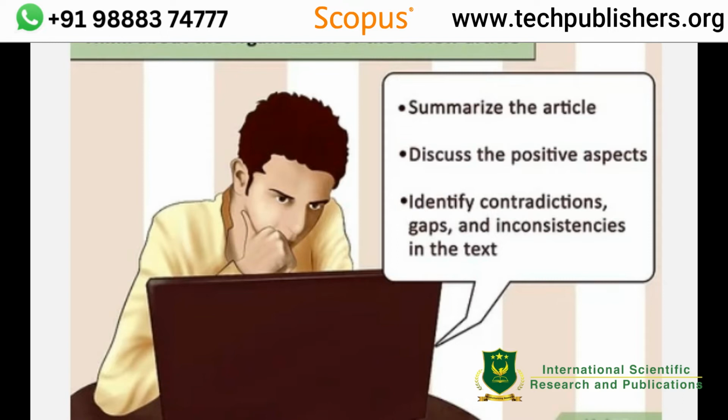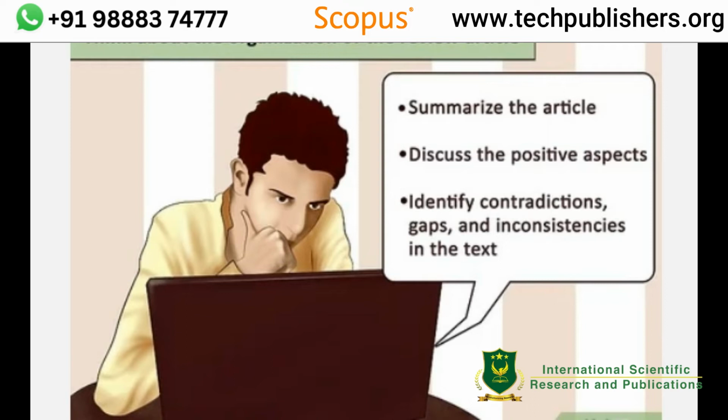Your review will be set up in the following parts. Summarize the article, focusing on the important points, claims and information. You have to discuss the positive aspects of the article. Think about what the author does well, good points she makes and insightful observations.